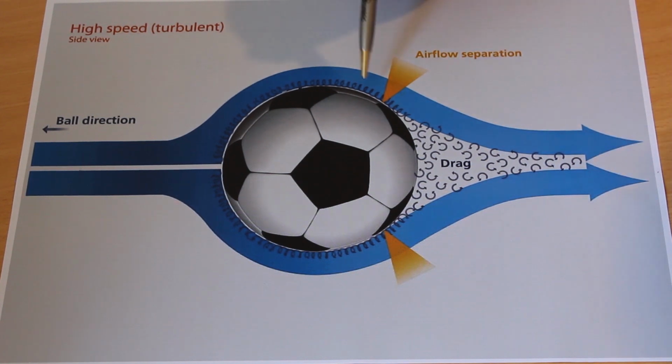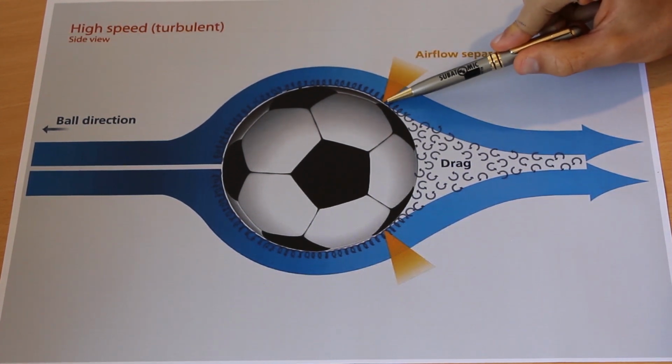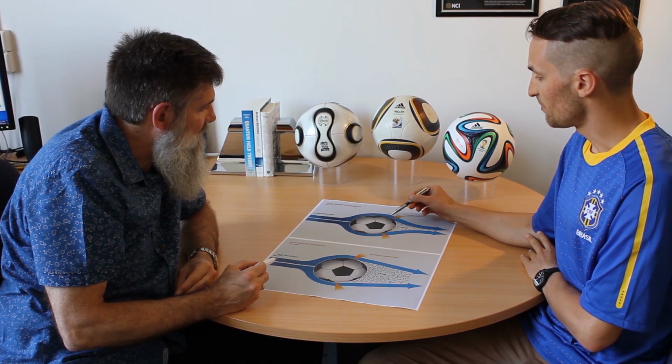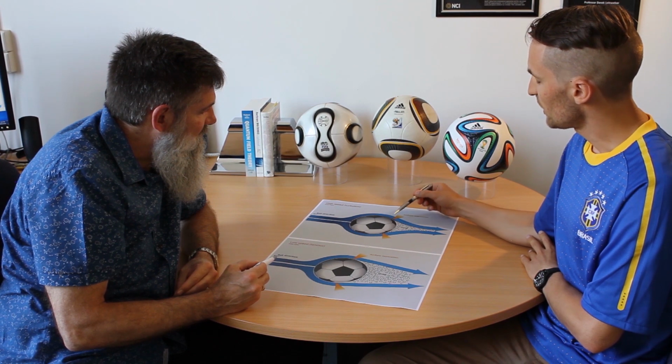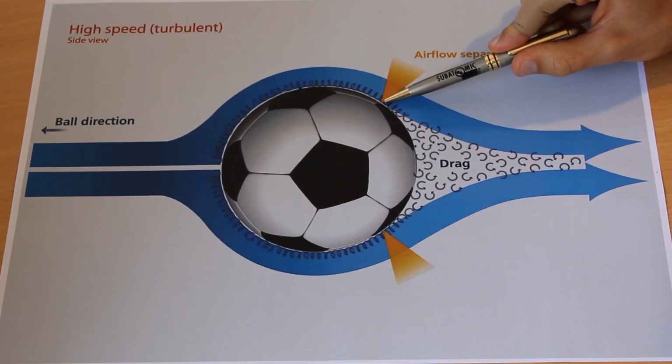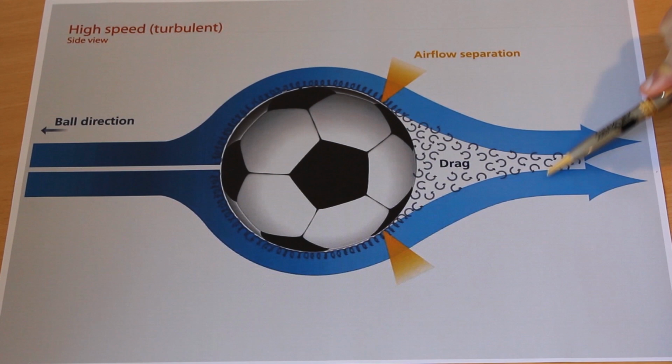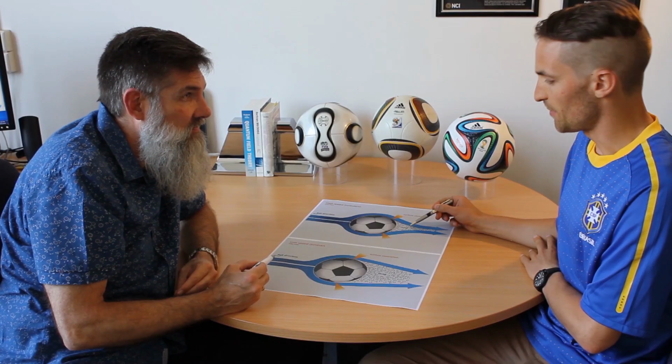You can see, in the case of high-speed turbulent flow, the turbulence in the boundary layer is depicted by these black squiggly lines. This turbulence means that the boundary layer hugs the ball very tightly and separates late. This means that the wake is small and consequently there's low drag.